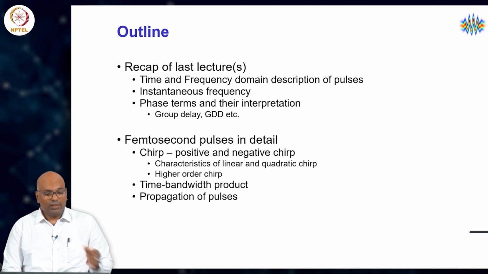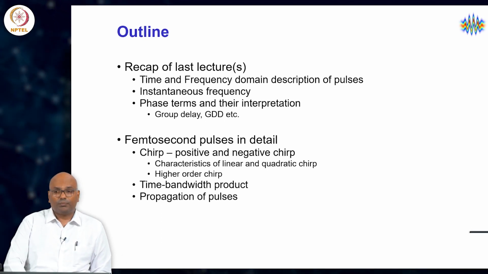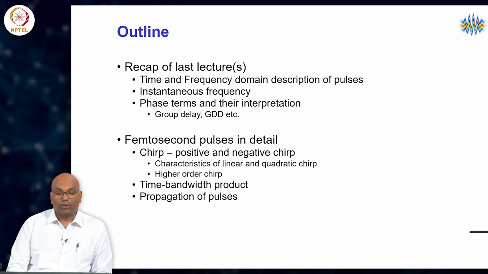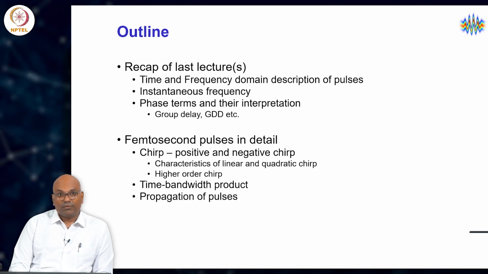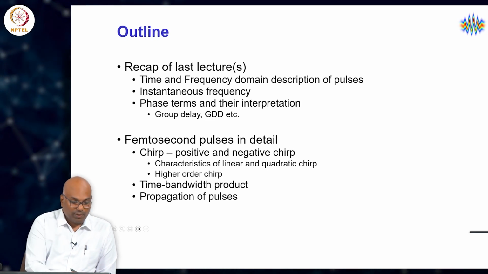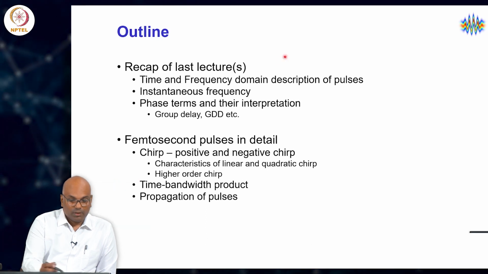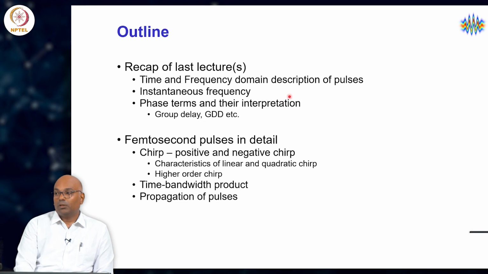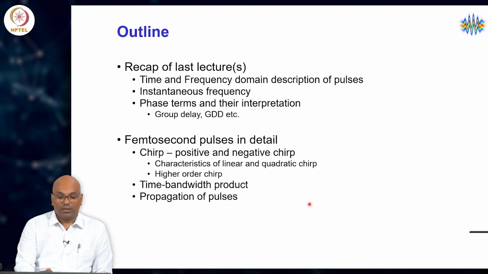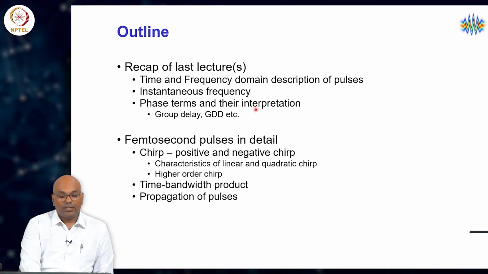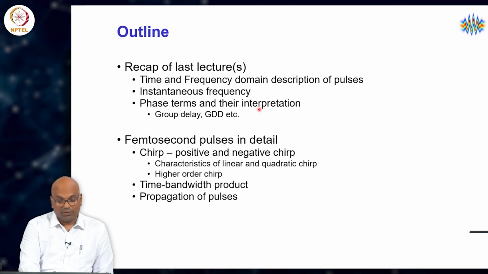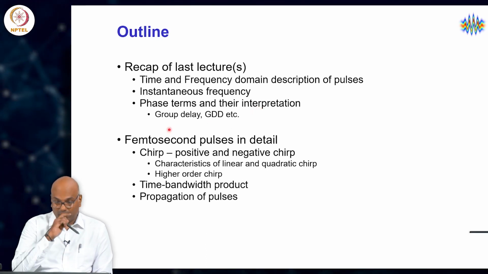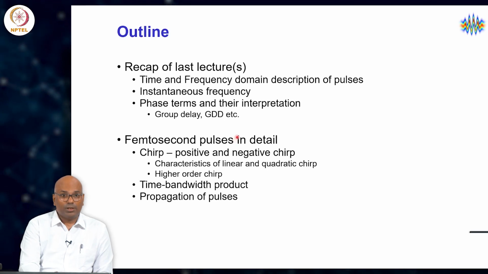So, we will as always recap a bit of our earlier lessons, but I will do it quickly this time. We have made a very good headway to femtosecond pulses, the time and frequency domain description, concepts such as instantaneous frequency, interpretations of the phase terms. We looked at group delay and group delay dispersion.